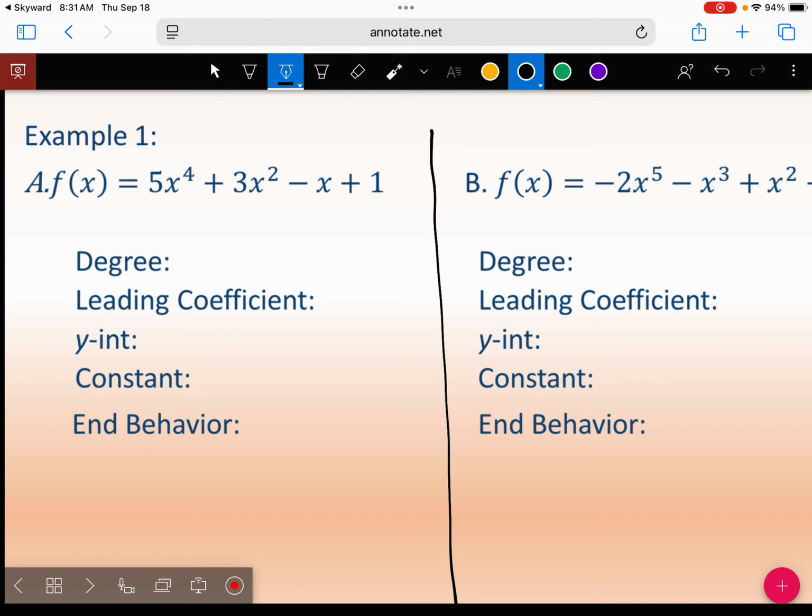You can mark the ones you missed. Next time, just use a highlighter, because I can't tell.